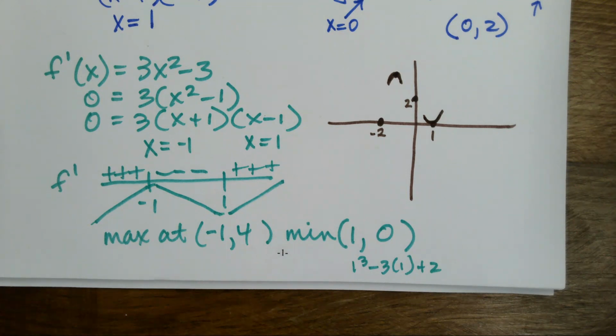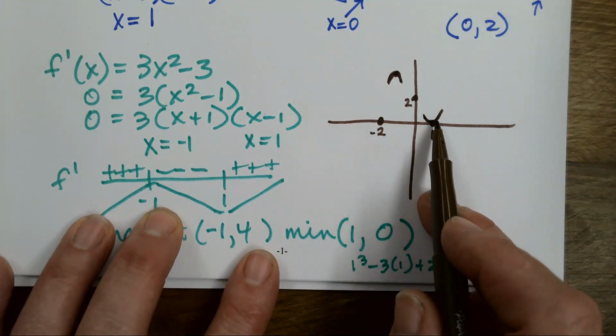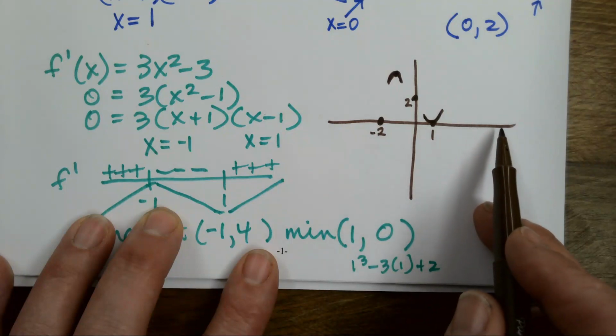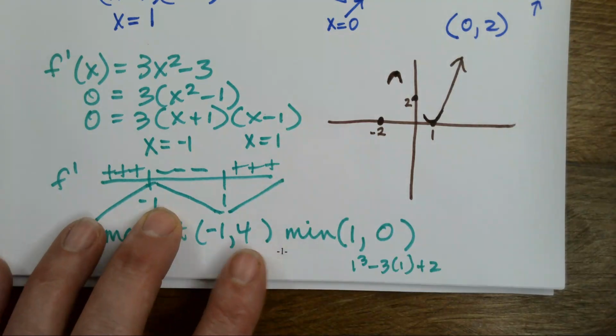Now I just have to put it all together. This end cannot come down again because I have no other location for it to cross the x-axis, so its only option is infinitely up.